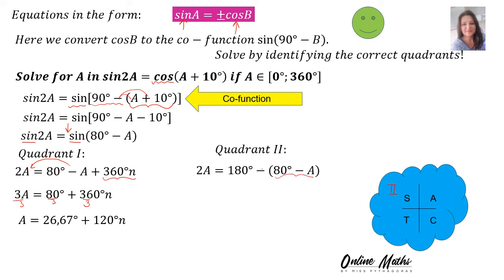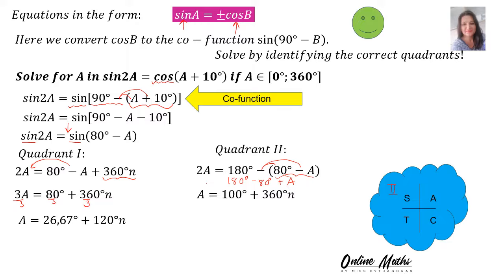Then we multiply in the negative, and I'm going to add the step. It becomes 180 minus 80 plus A, and then the A will walk across and become negative A, so 2A minus A is A, and 180 minus 80 is 100 plus 360n.